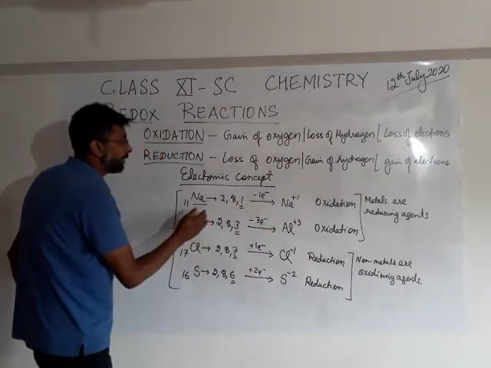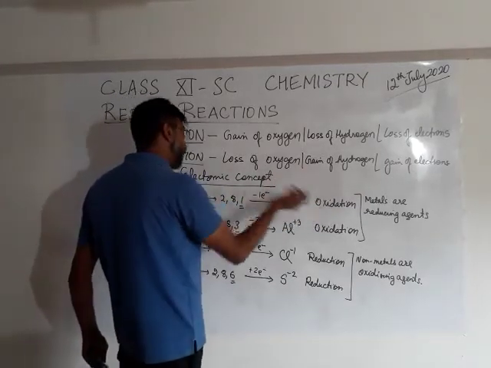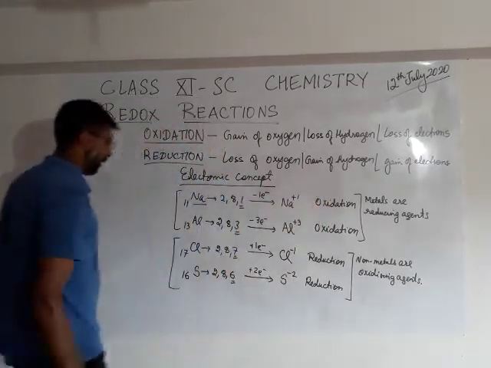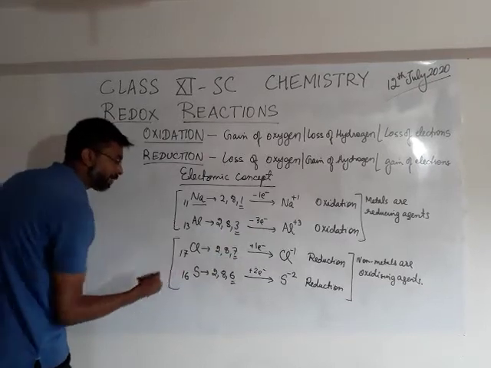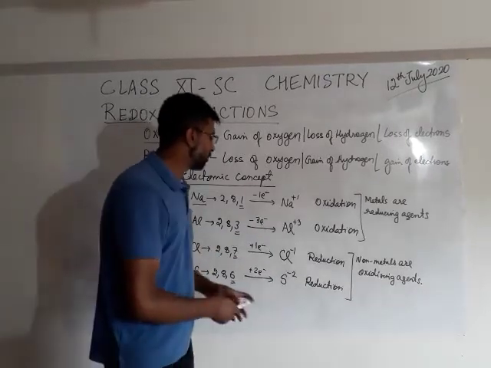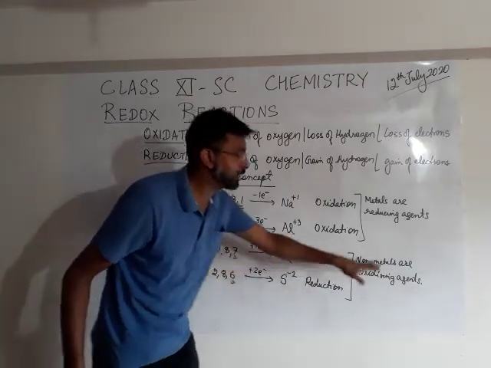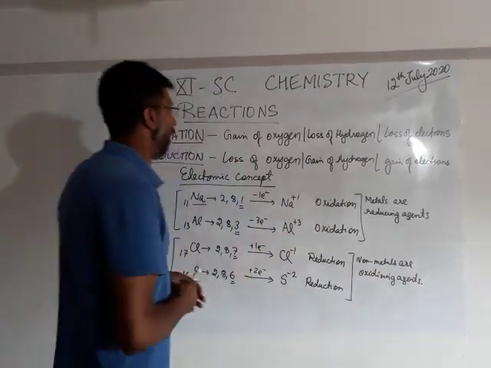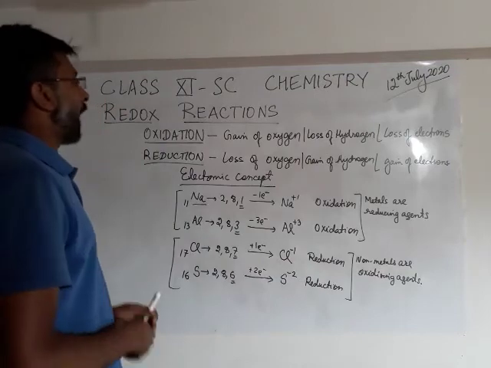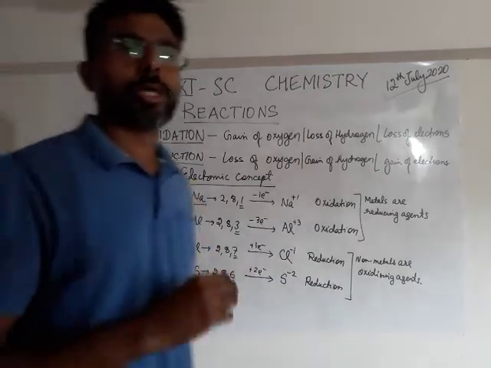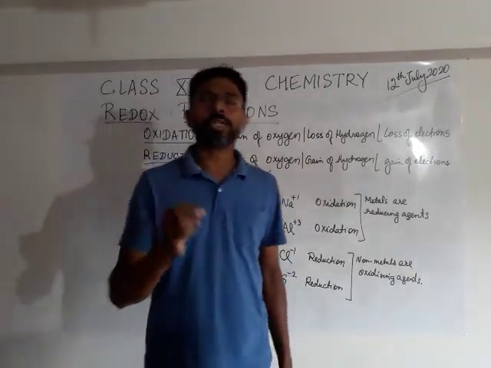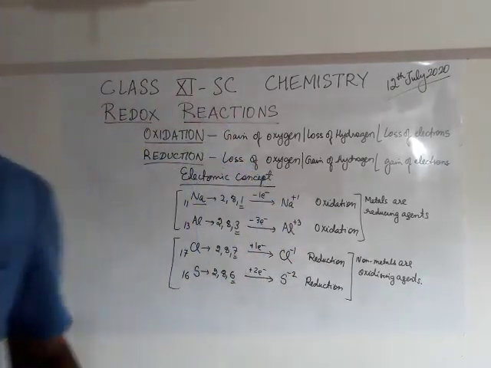That is why they get oxidized themselves, but they are reducing agents. Non-metals accept electrons, they gain electrons. That is why they themselves become reduced, but they are oxidizing agents. Okay, now I will teach you the next concept, which is called the concept of oxidation number.